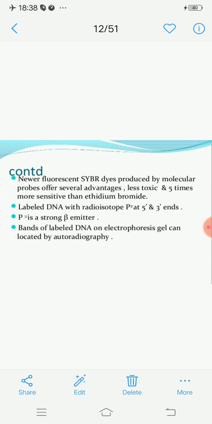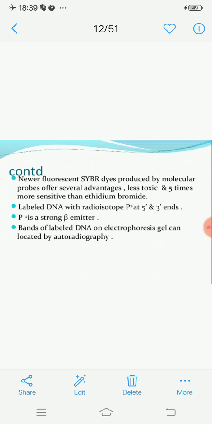I already told you in the previous lecture what is meant by a probe. A probe is nothing but a DNA or RNA sequence with a length of 10 to 10,000 base pairs, which must be complementary to your gene of interest, so that it will go and bind to your gene of interest.